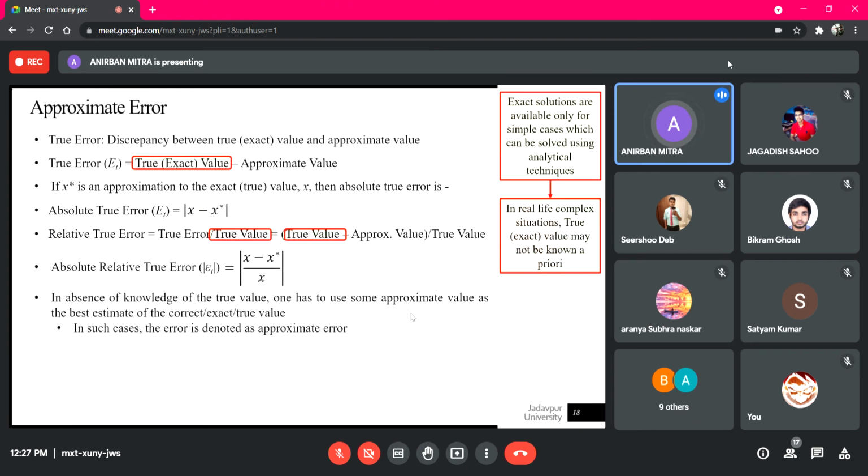And the error in this case, considering that approximated value, gives rise to approximate error. We define it as this. So approximate error is equal to approximated true value minus the computed value. Sometimes this will be also written as the measured value. But as we are in the domain of numerical analysis, we are talking about numerical computations, we will take it as a computed value.